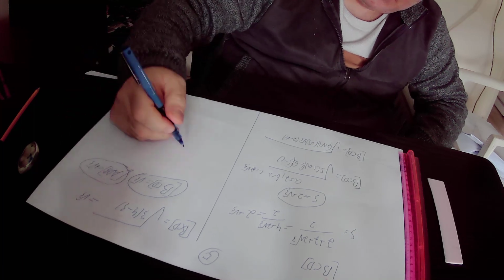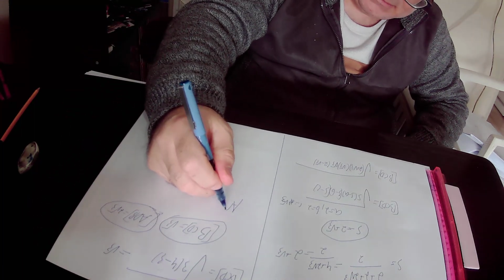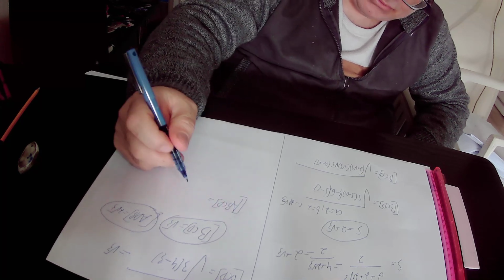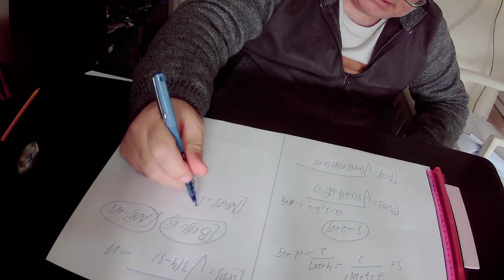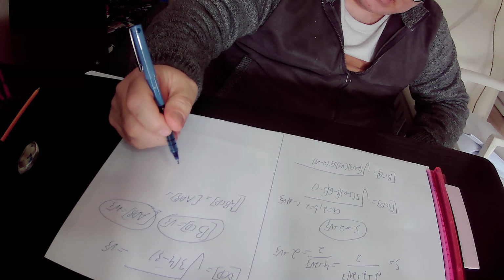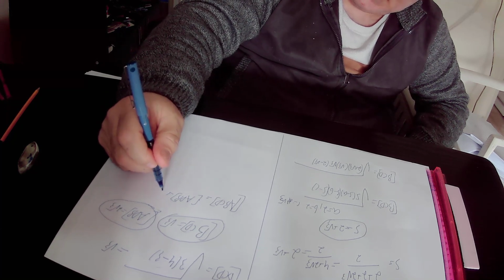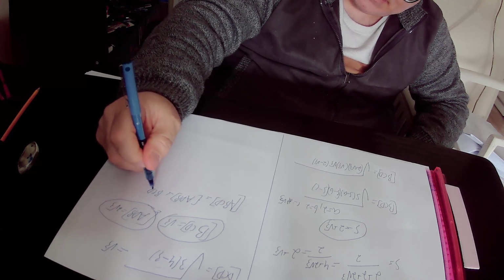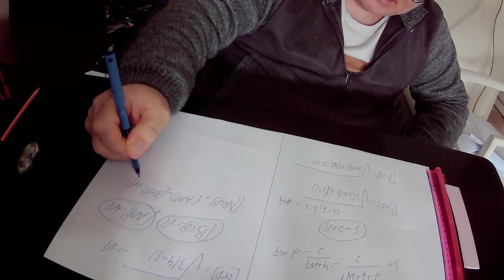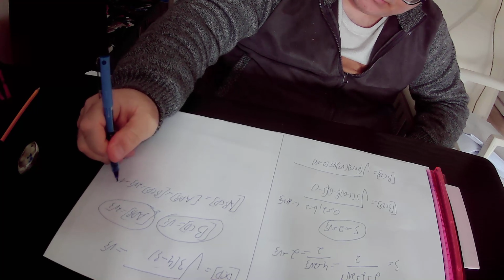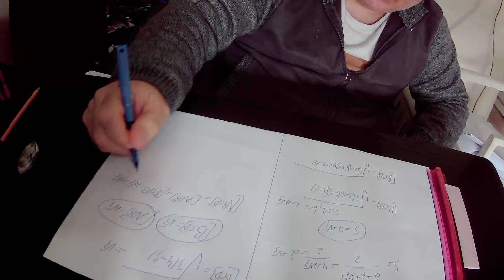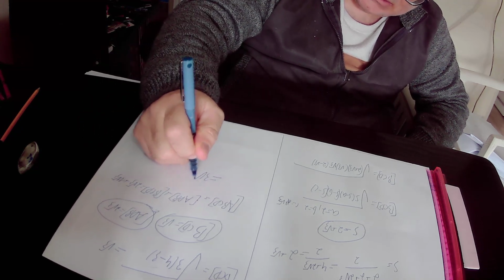And we know that the area of quadrilateral ABCD equals the area of triangle ABD plus the area of triangle BCD. The area of triangle ADB is 2 times square root of 3 square units, and the area of triangle BCD is 1 times square root of 3 square units. 2 times square root of 3 plus 1 times square root of 3 is actually 3 times square root of 3 square units.